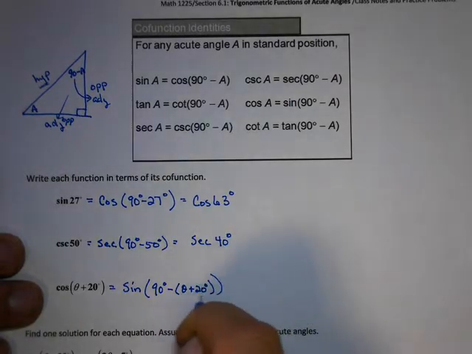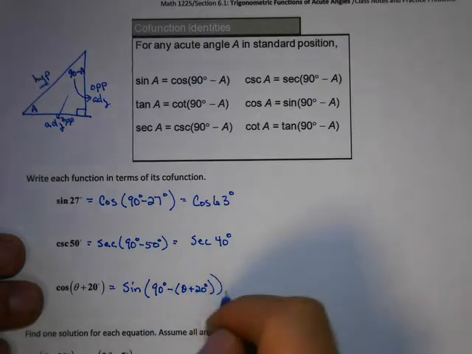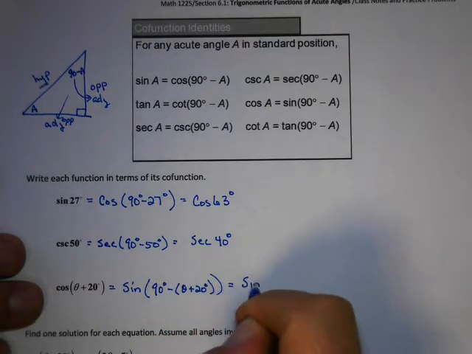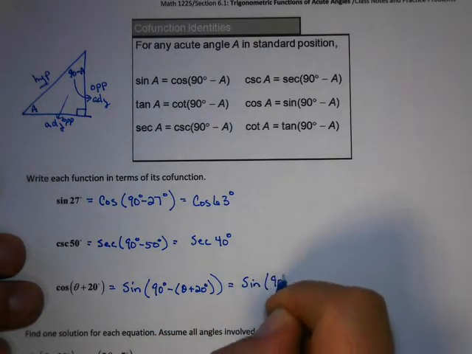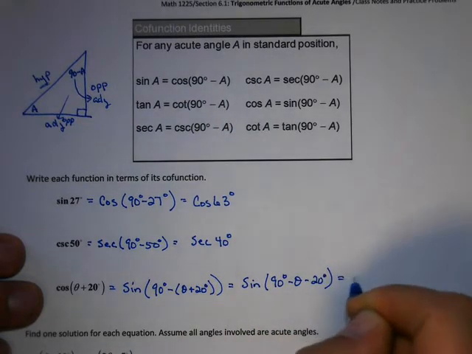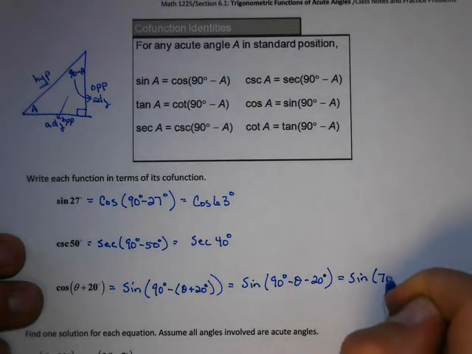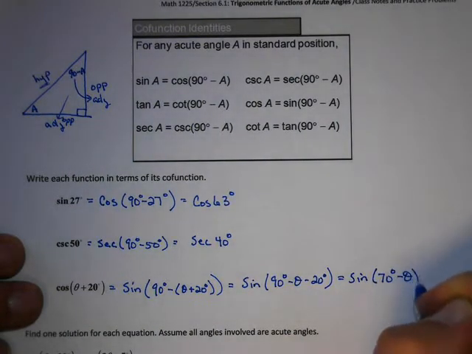Now be careful, make sure you use parentheses, because that negative gets distributed through. This is going to be sine of 90 degrees minus theta minus 20 degrees, which is sine of 70 degrees minus theta.